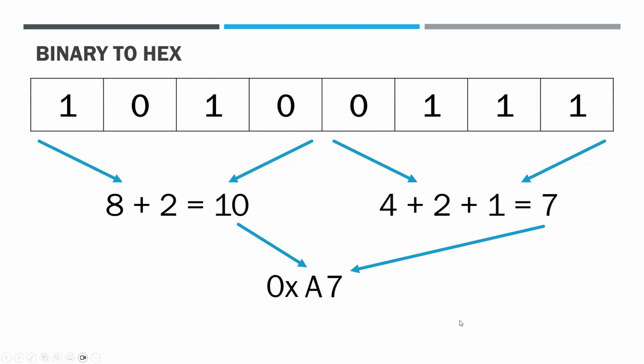Remember, the 7 is the ones place. But now we're talking about base 16, right? So that A is in the 16s place. So that A, 10, represents 10 16s. Right? So that's 160 in decimal, plus 7, 167.